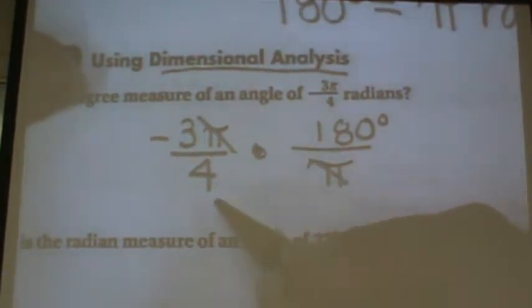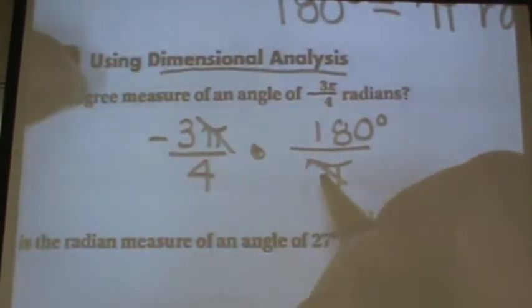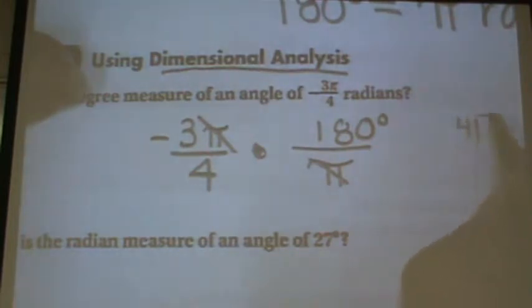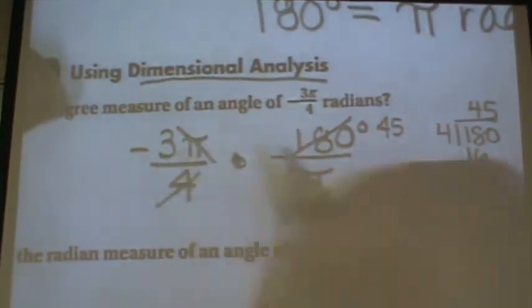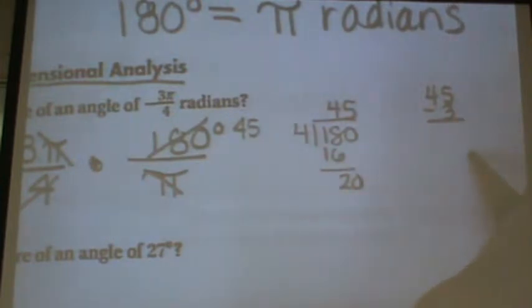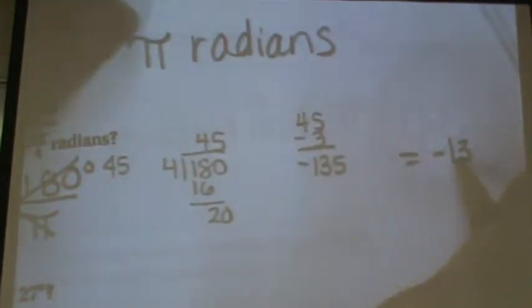How many times does 4 go into 180? 45. Now, what's -3 times 45? Negative 135. So this is equal to -135 degrees.